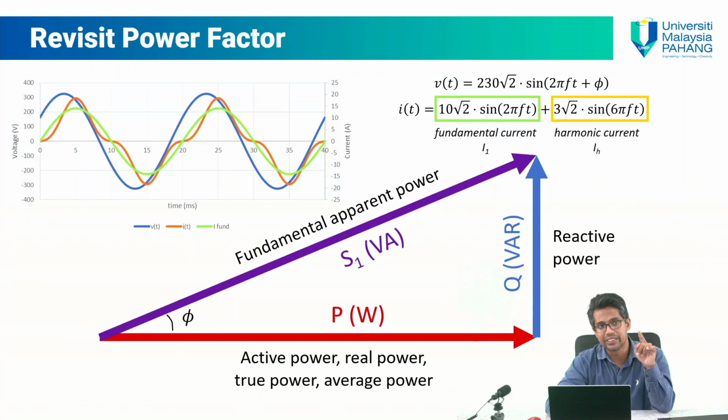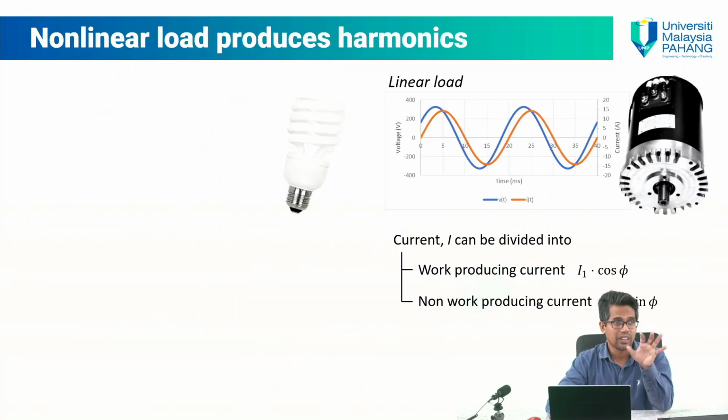It's important to note that for this example, there's only one component of harmonics, but in real life, there are a lot of harmonics, perhaps more than 20, 21, perhaps more than 100 components of harmonics. But for the simplicity of the course, I just choose one.